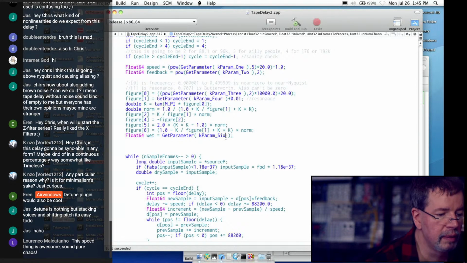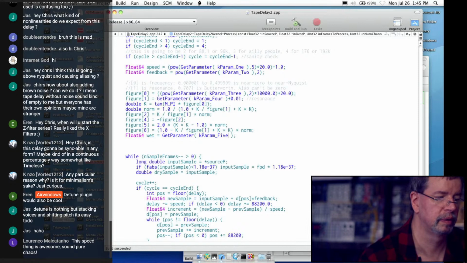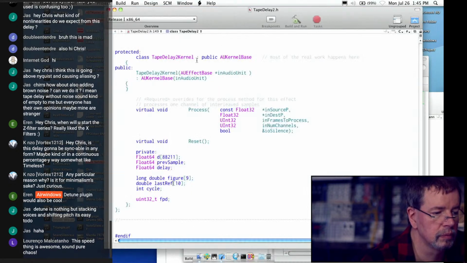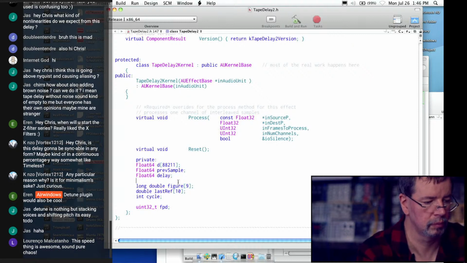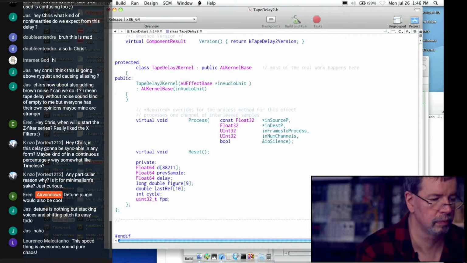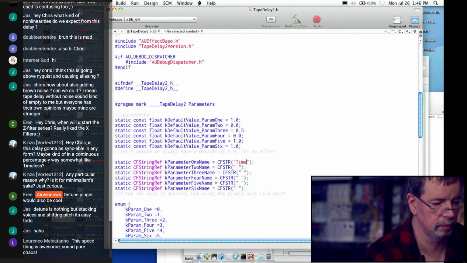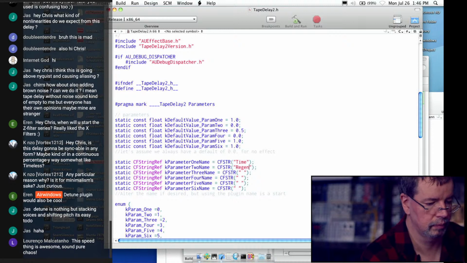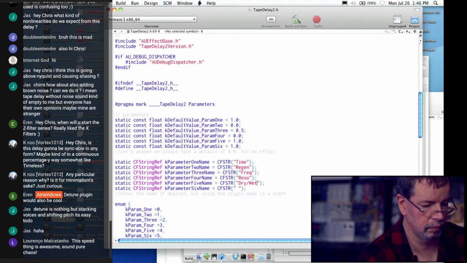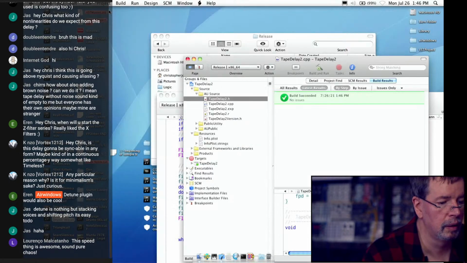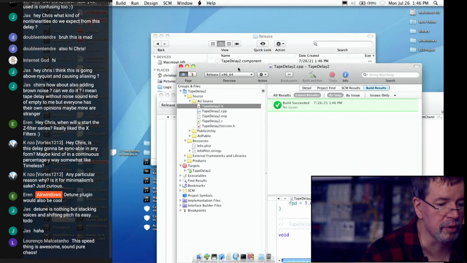And change it to be parameter 5 and put some labels on these things. That should be the correct labels. I knew something about that was wrong.